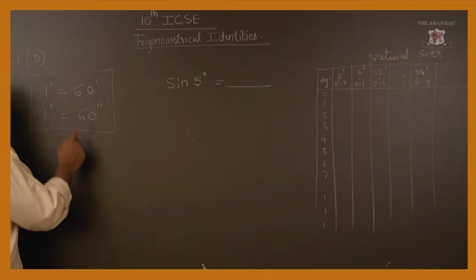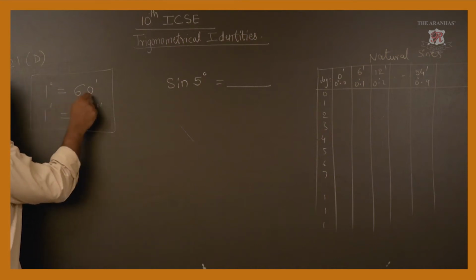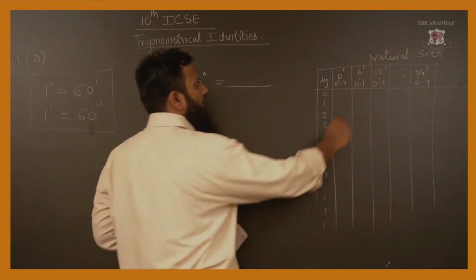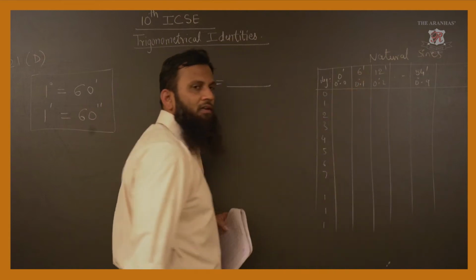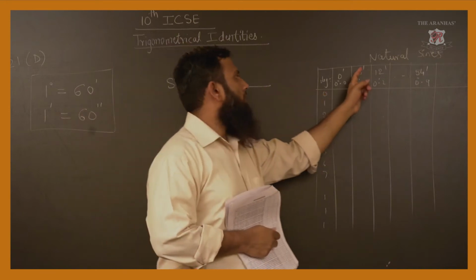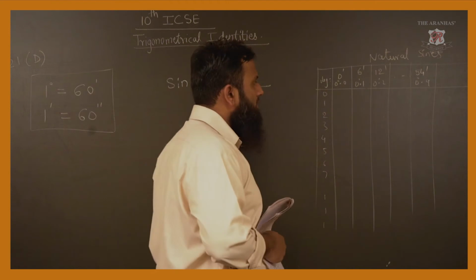So remember this, it's very easy. See, 1 degree is equal to 60 minutes. Now they have written here 6 minutes equal to how much? So by the unitary method, if 1 degree corresponds to 60 minutes, 6 minutes will correspond to 0.1 degree. This is the way you have to do it.